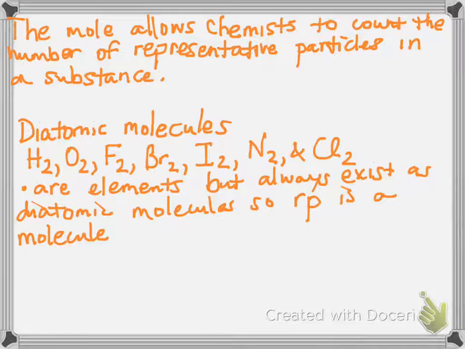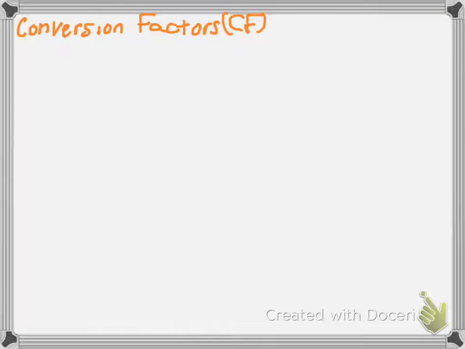So this chapter is about math, so we want to talk about our conversion factor. Remember, our conversion factor is like a ratio of equivalent measurements. Equivalent means they're equal.